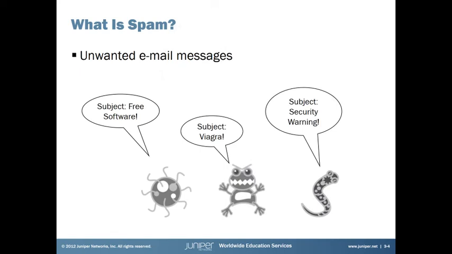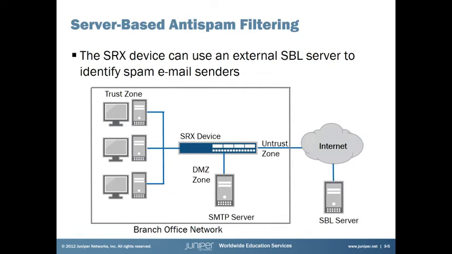So we're going to look at how it works, methods, terminology, and configure and verify. So here we are, unwanted email messages. Different subjects. It basically scans your emails for content, and it picks up the content and then rates it as spam.